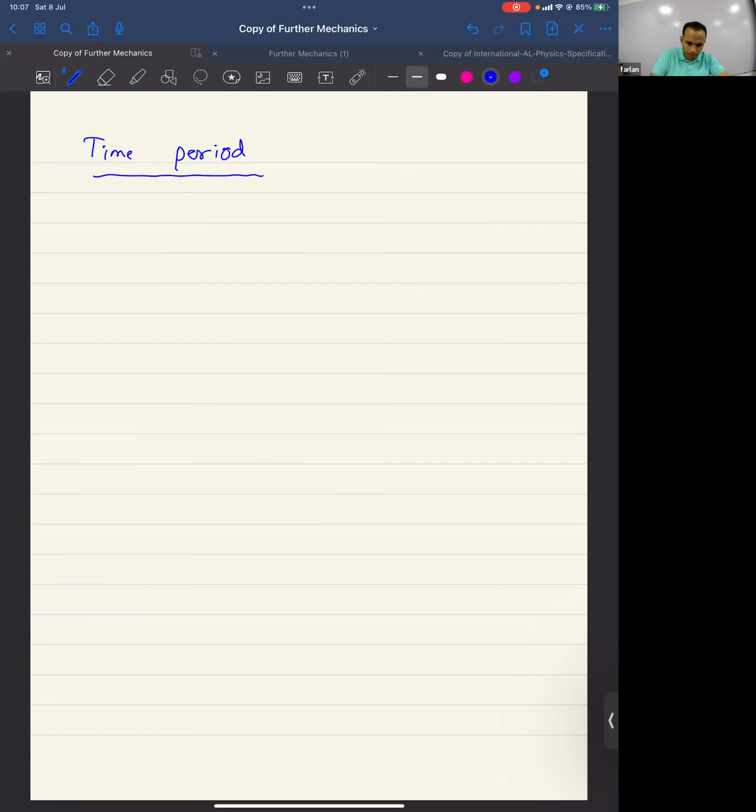It is the time taken for an object moving in a circle to make a complete revolution.